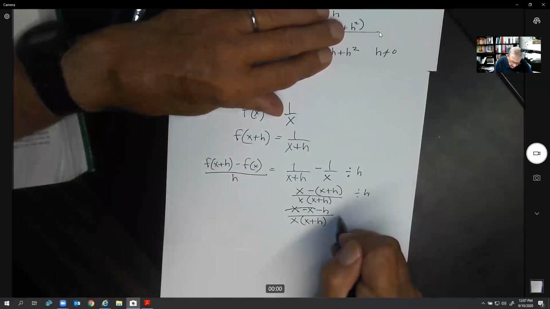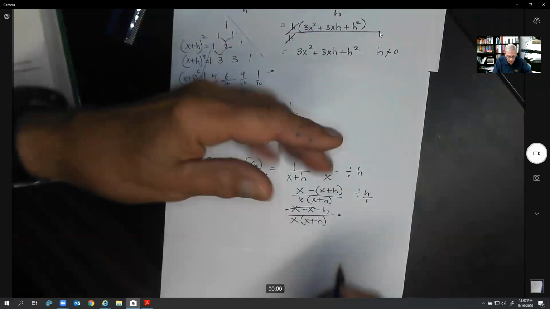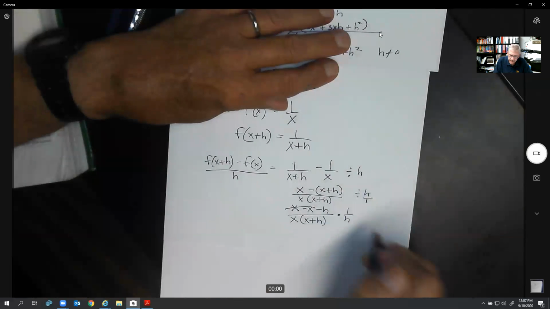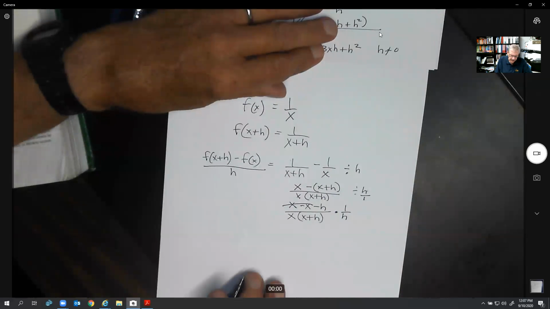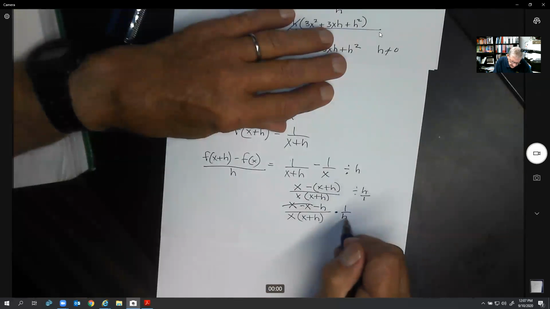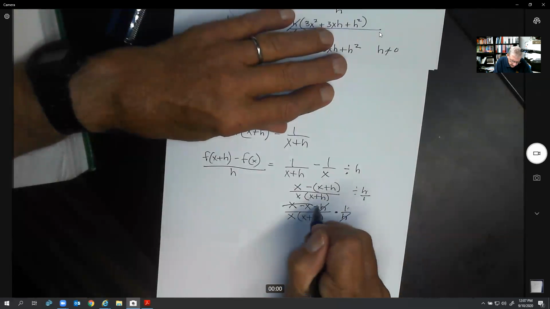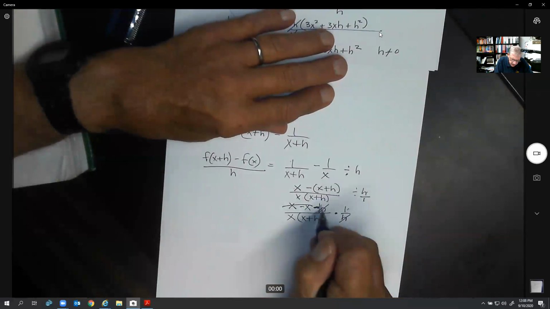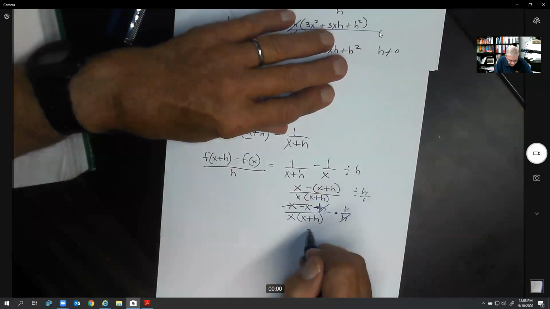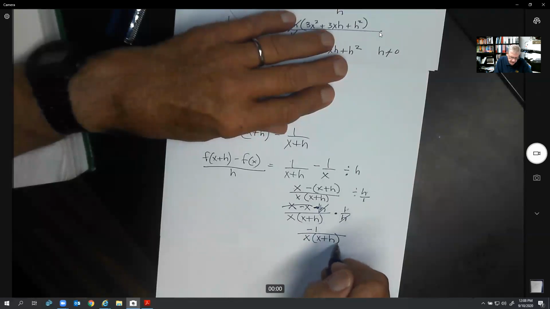Well, dividing by h is the same thing as multiplying by 1 over h. So I see I have an h on the bottom, h on the top. Those cancel. And now I have negative 1 because I had this negative 1h, so negative 1 over x times x plus h. And we have just solved the problem.